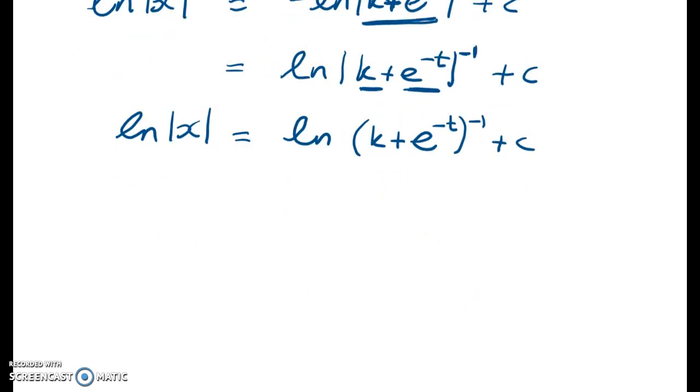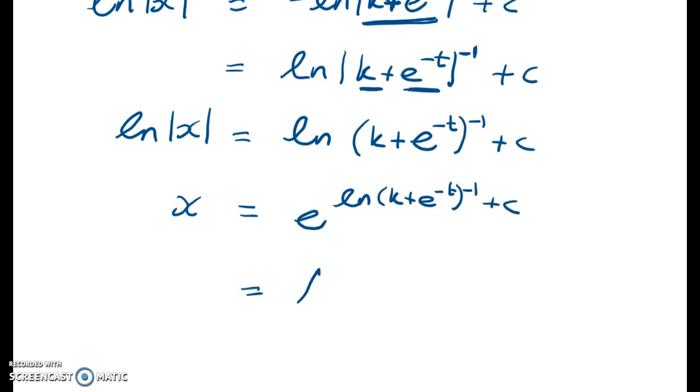Now, the next step is to say I'm going to do e to the power of both sides, giving me this. So x is equal to e to the power of this, and that's equal to a times e like that.